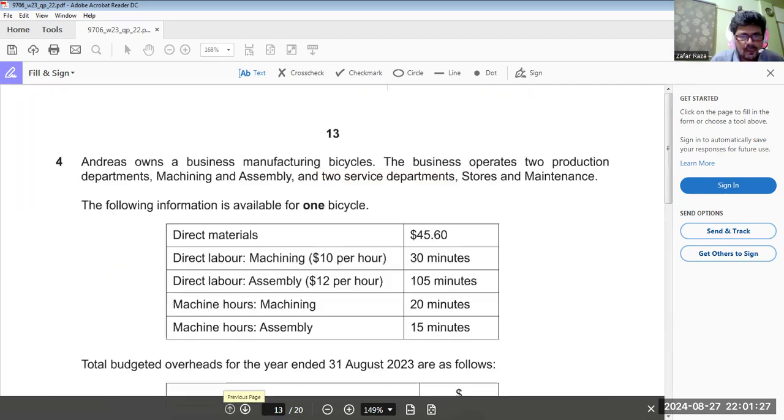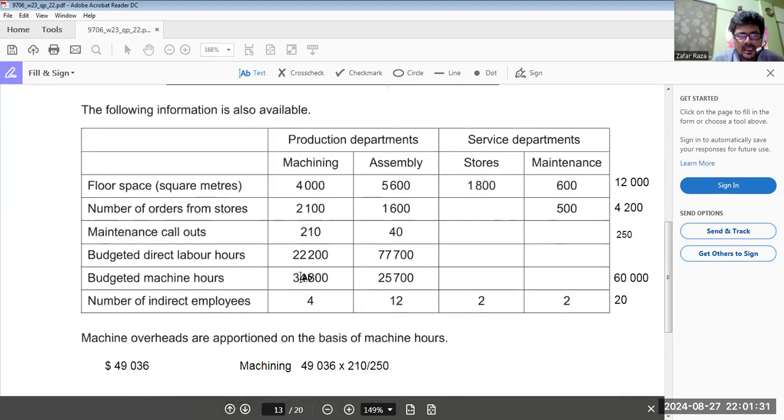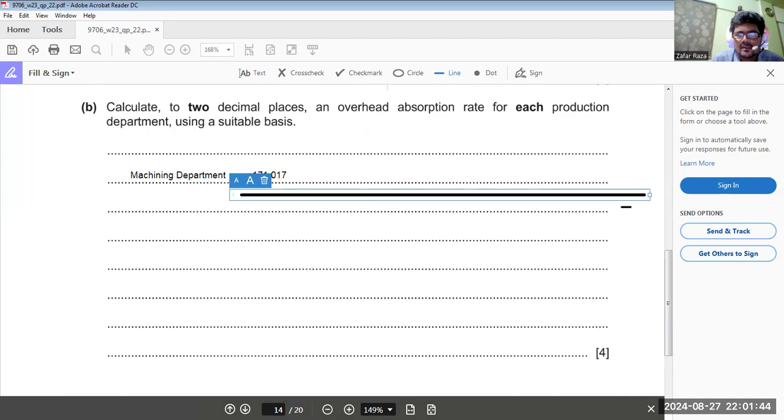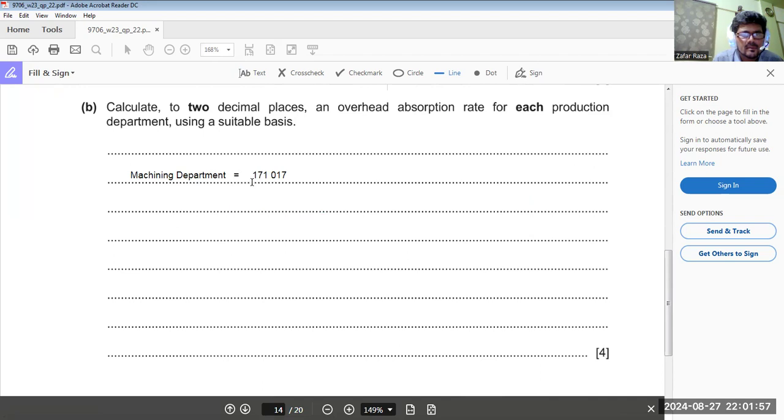I think the best basis for machining is machine hours, 34,300. 171,017 divided by 34,300 machine hours gives 4.985, so $4.99 per machine hour.